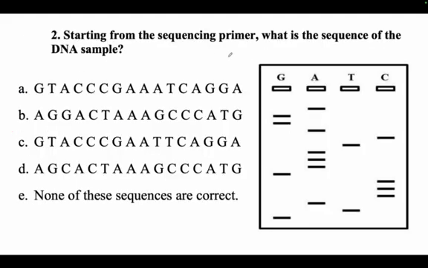Okay, starting from the sequencing primer, what is the sequence of this DNA sample? Okay, so remember, it will be sequenced 5' to 3'. So let's try to read this sequence.